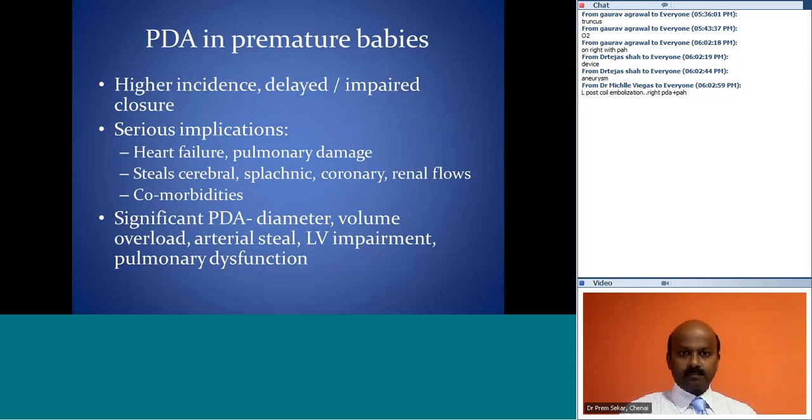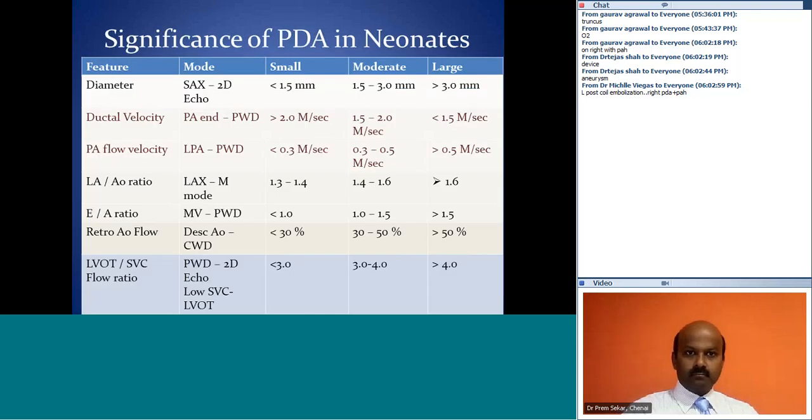The implications are heart failure, pulmonary damage, cerebral, splanchnic, coronary, renal flow ischemia, and the significance of PDA in neonates was assessed by Tavera Insi et al.